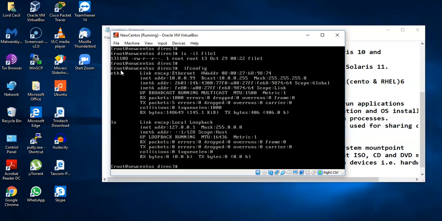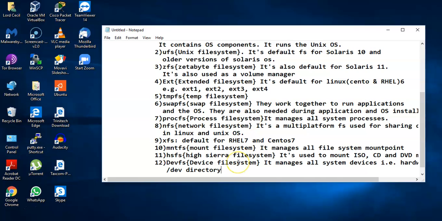That's the label given to your NIC, which is a hardware device. That name is what we call a logical name. So the /dev directory contains the logical names of system devices, and that ETH0 you see is stored in the /dev directory.